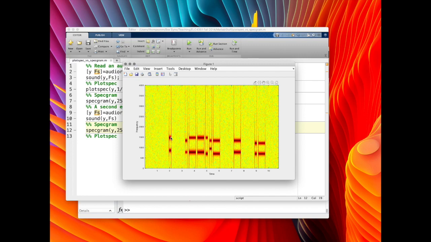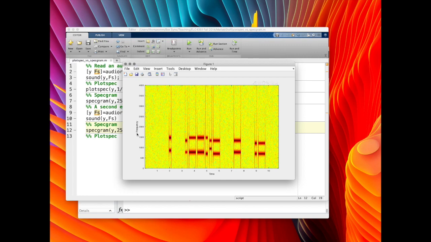Okay, so a DTMF signal uses 2 different frequencies to represent each digit on the keypad. All right, so here's the 2 frequencies showing up when I press that first number. Okay, so I can see 1, 2, 3, 4, 5, 6, 7, 8, 9, 10. 10 numbers to make a phone number.